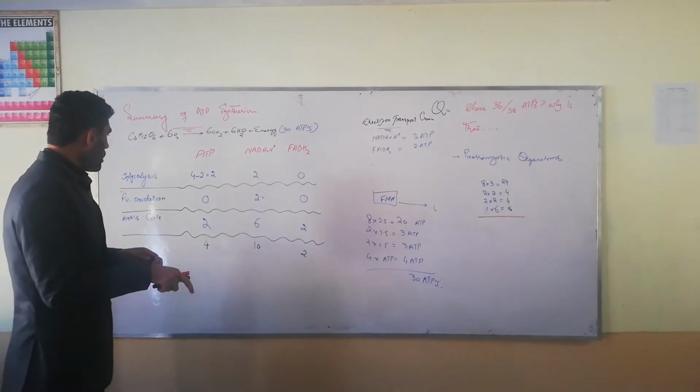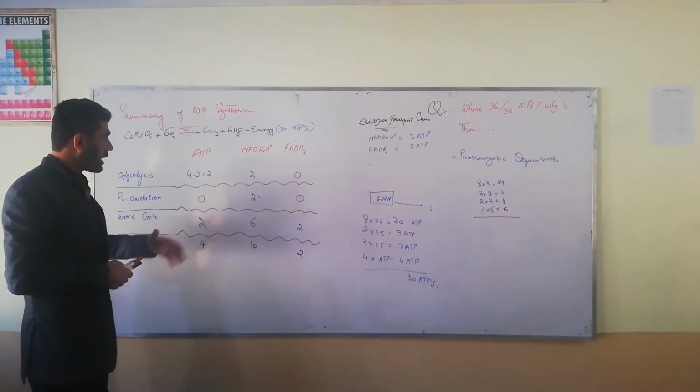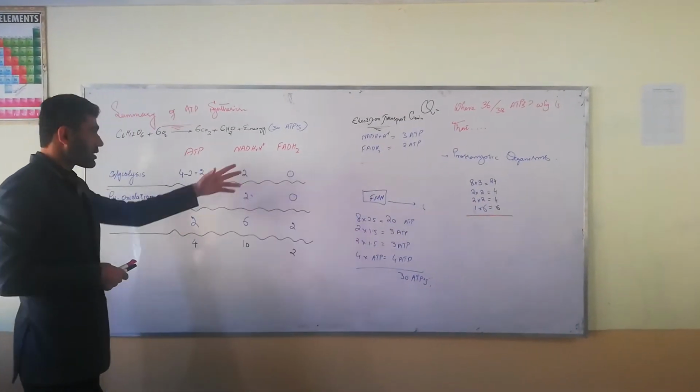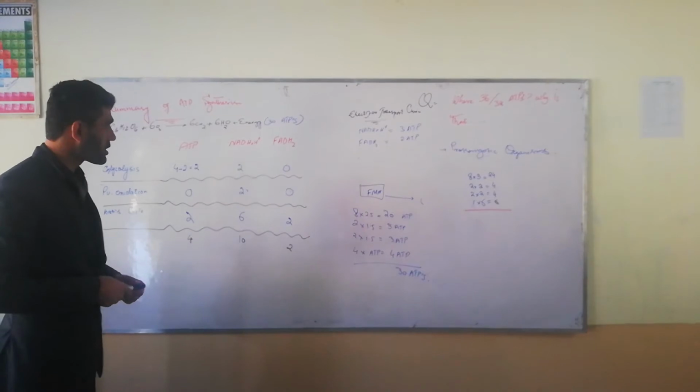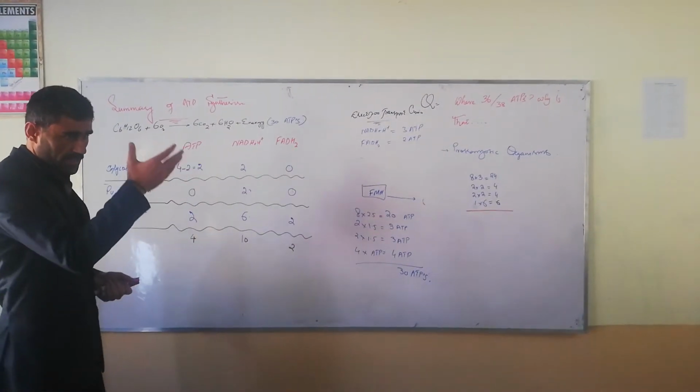So you have a total of 2 ATPs and 2 NADH plus H plus, and no FADH2.